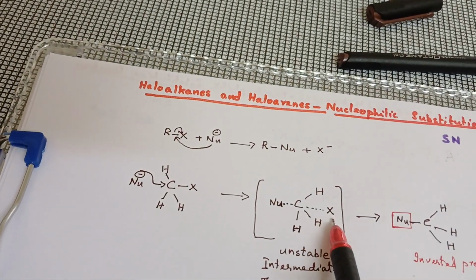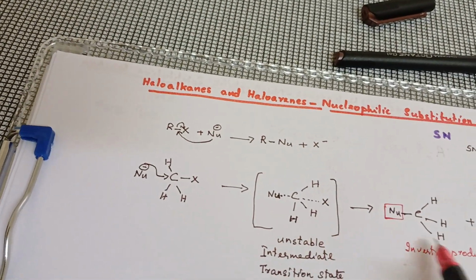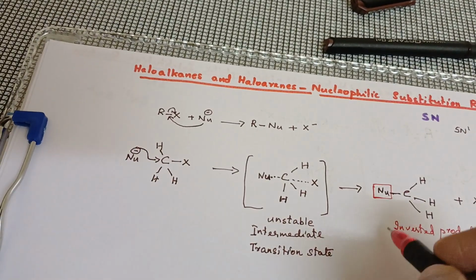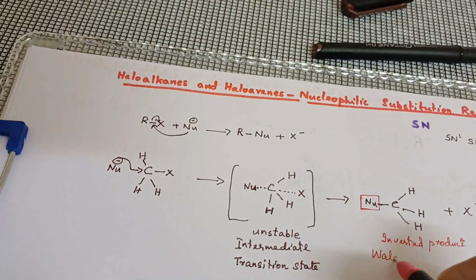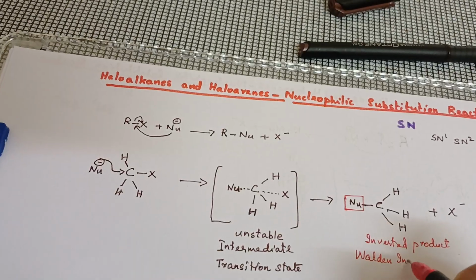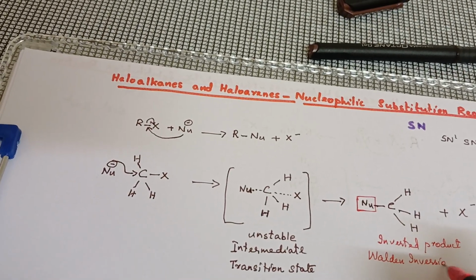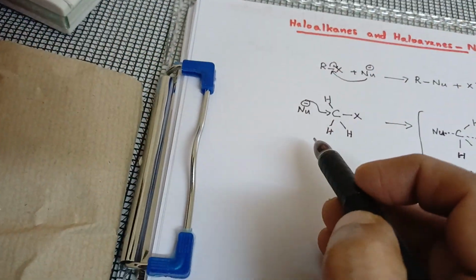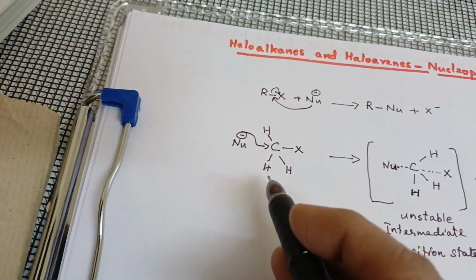Leaving nucleophile is the halogen. So you have got a single product that is an inverted product, and you call it Walden inversion.